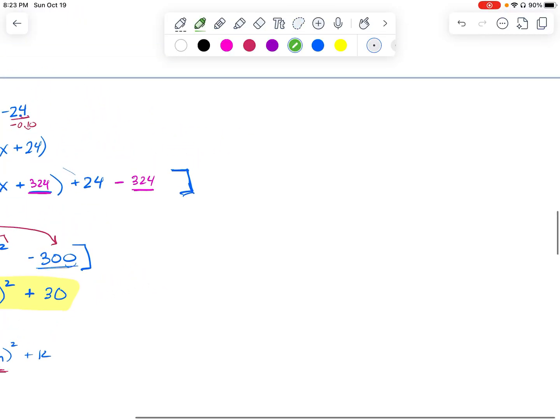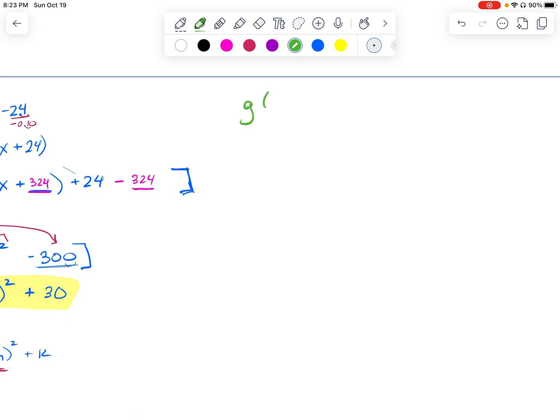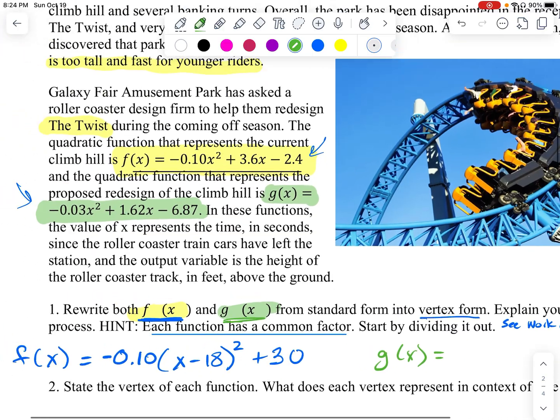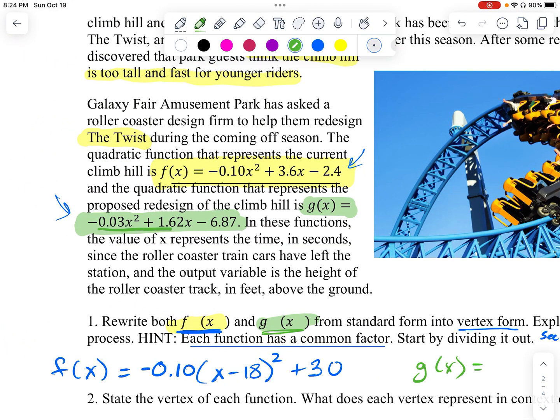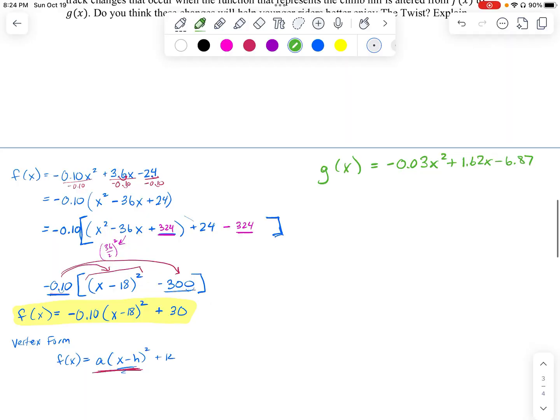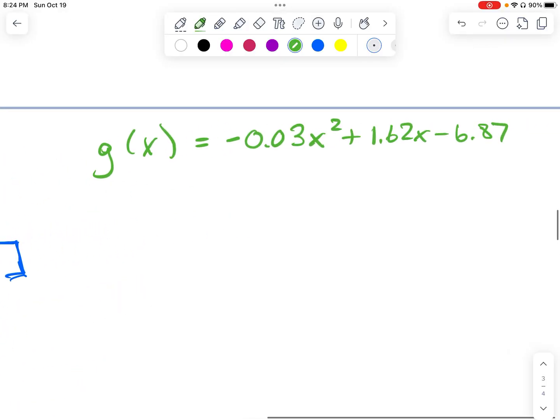All right, so our g of x function was negative 0.03 x squared plus 1.62x minus 6.87, I believe. Okay, and we're going to complete the square to get vertex form here.